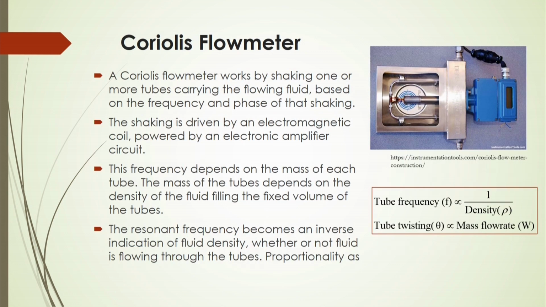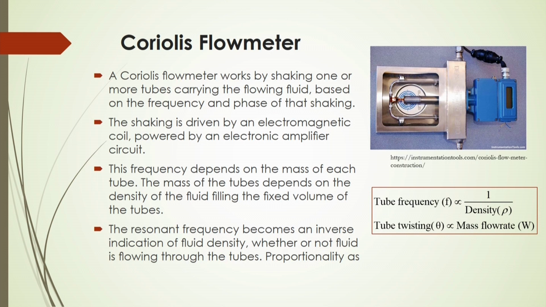Another important one is the Coriolis flow meter. It generally works based on the shaking of one or more tubes. Whenever the tubes shake, based on the fluid energy supplied at a particular velocity of the fluid, it will give you a certain frequency, and of course there will be some phase change of that shaking, and based on that shaking you will be able to calculate the flow rate.